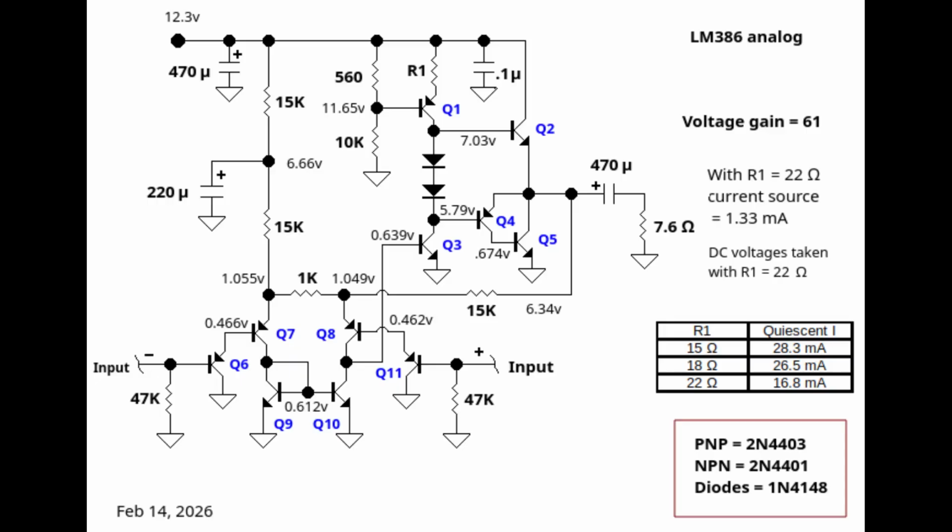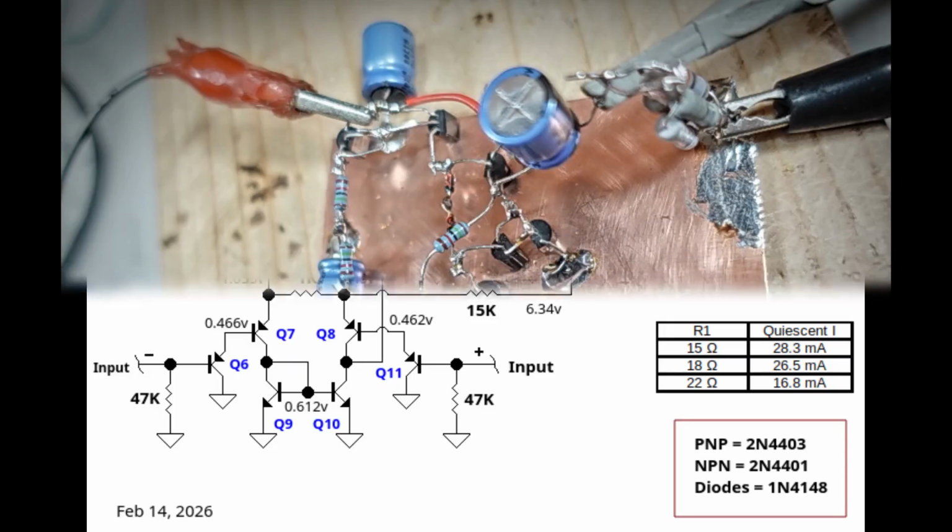The Q6 and Q11 emitter followers serve as level shifters and allow incredible sensitivity, which is something you would need when you're operating a device with a voltage gain of 200. That works out to 46 dB gain, which is a heck of a lot of gain for any audio stage, let alone an audio power amplifier.